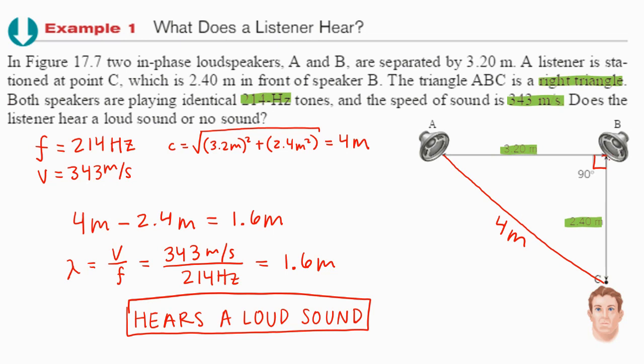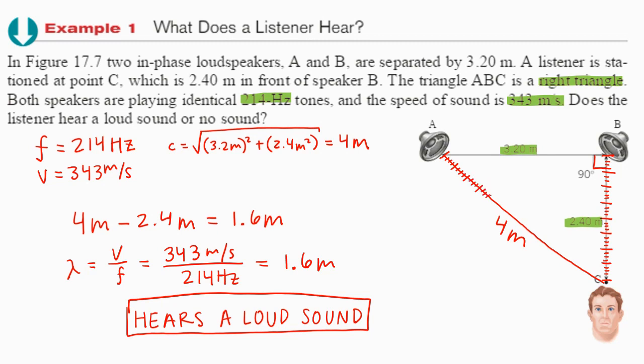So yes, we have waves leaving speaker B, and they only have to travel 2.4 meters. I'm kind of just drawing longitudinal waves the best I can. They only have to travel 2.4 meters to get to the person, and then we have waves leaving speaker A, and they have to travel a little bit farther.